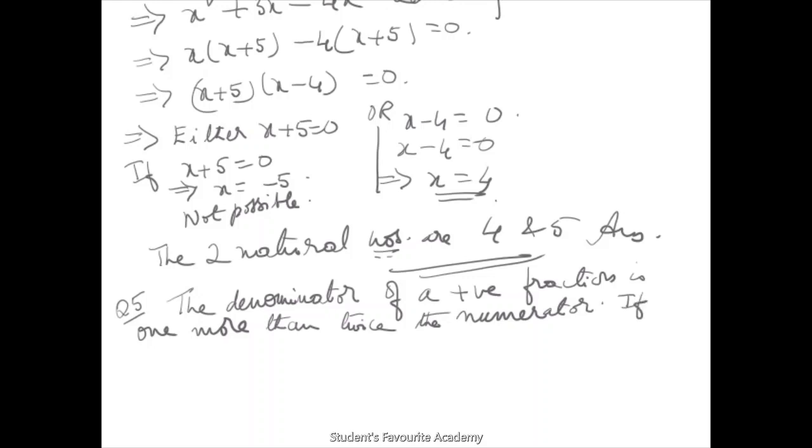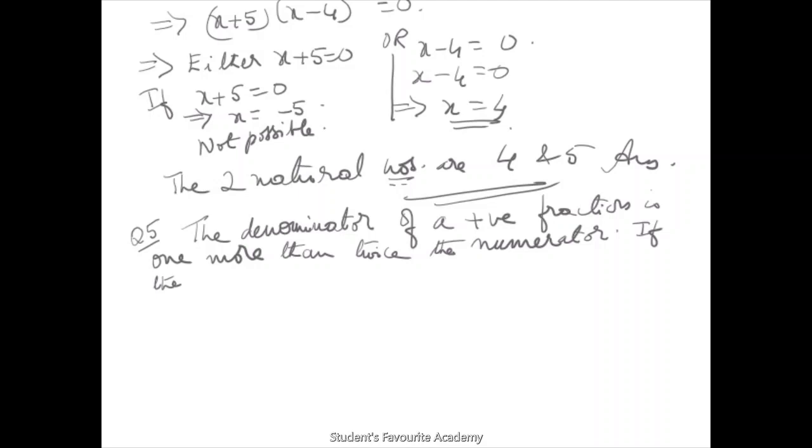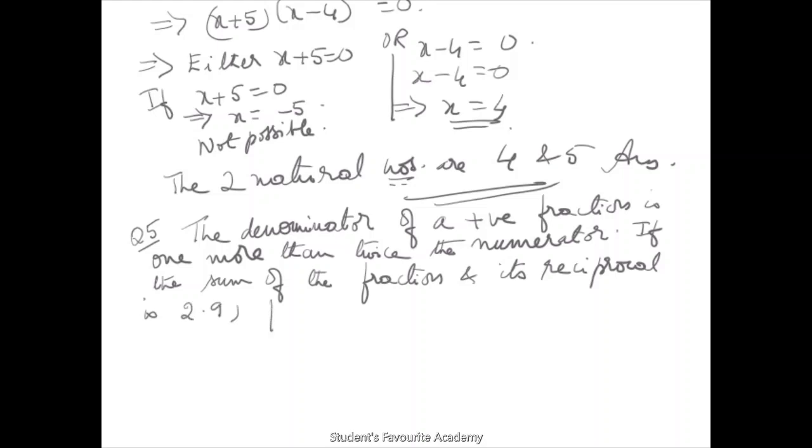If the sum of the fraction and its reciprocal is 2.9, find the fraction.